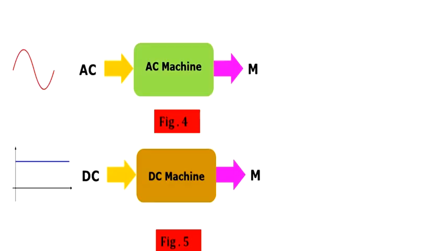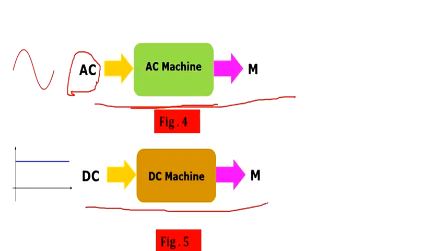And you know very well that we have the DC system and the AC system, direct current and alternating current. If my machine is dealing with AC, if it generates AC electricity, it is an AC generator, an alternator. Or if it requires AC supply for mechanical output, those motors are called AC motors. Similarly, for the DC machine, if the output of the generator is DC supply, then it is a DC generator.